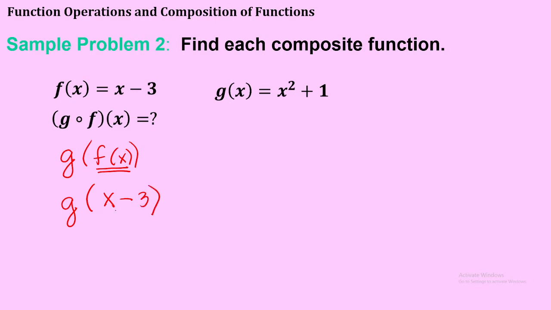Then this x minus 3 is substituted where? Into g. Whatever is inside the parenthesis, class, x minus 3, is substituted into g. So this x minus 3, I will substitute into the x in g of x.